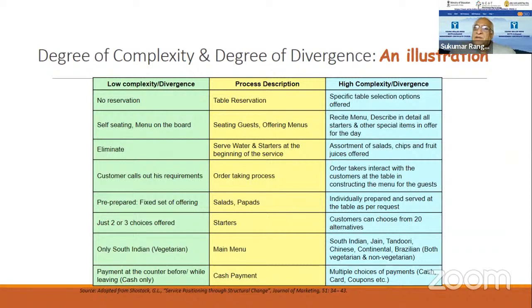They used to have idlis between 6 to 8 o'clock, and from 8 onwards something else. It's a very high turnover kind of thing, and there are many such places. So low complexity, high divergence.